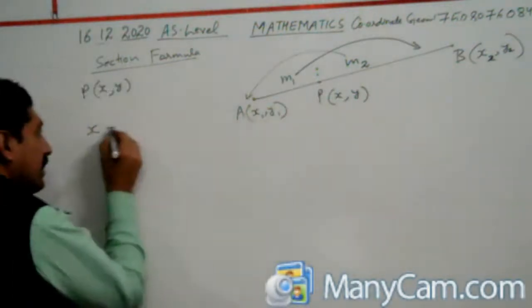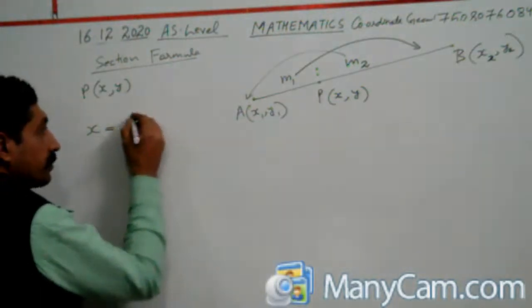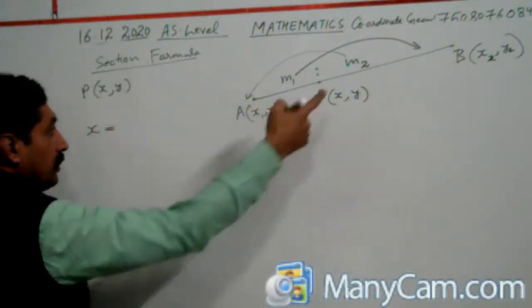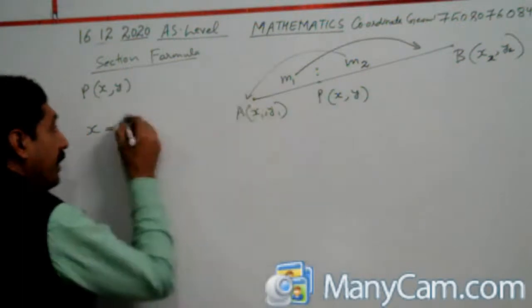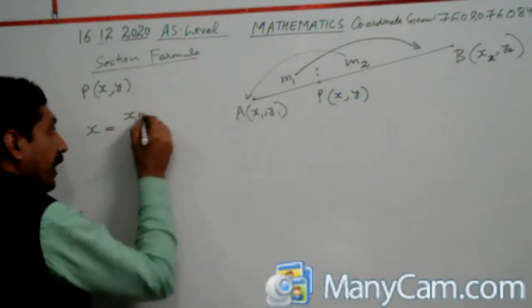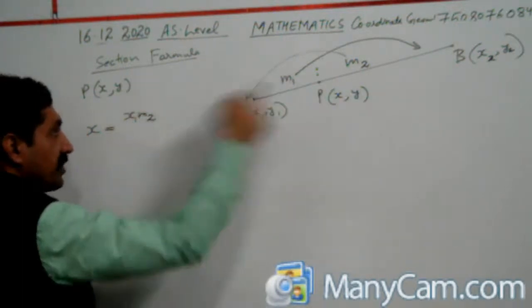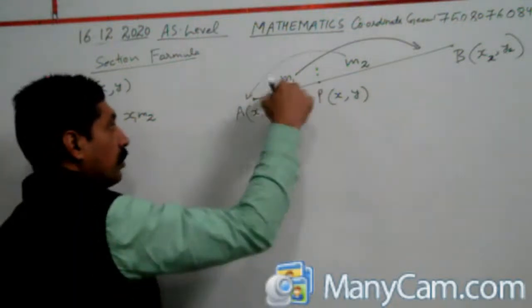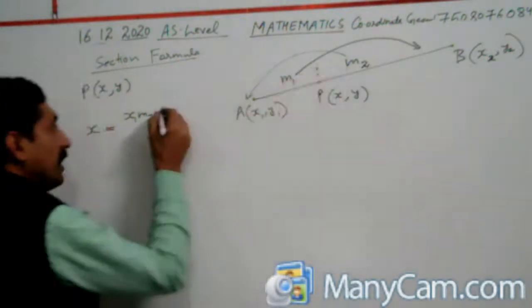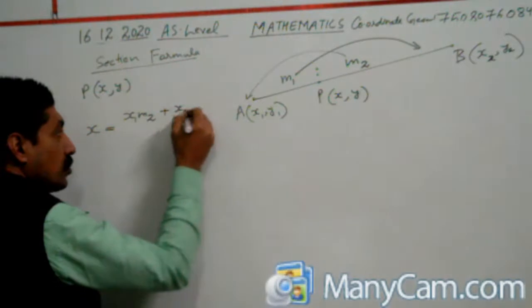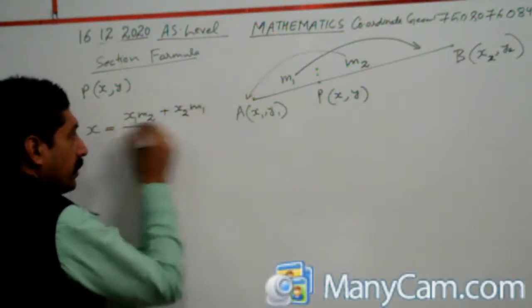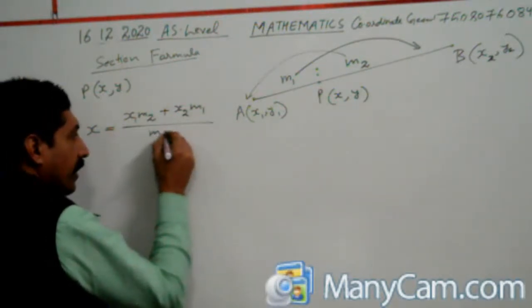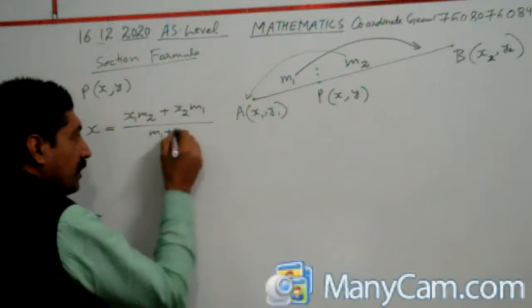So x is equal to (x1 m2 plus x2 m1) divided by (m1 plus m2), interchanging x1 with m2 and x2 with m1.